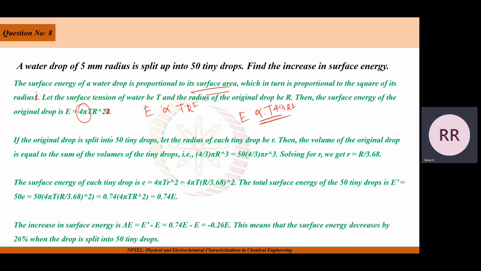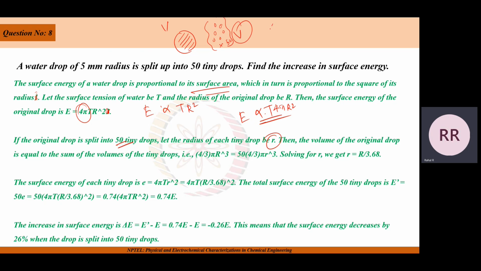Now, if the original drop is split into 50 tiny drops, let the radius of each tiny drop be r. The volume of the original drop is equal to the volume of the tiny drops. Initially there was a volume V, and now it has been divided into 50 droplets, but still the volume remains the same.